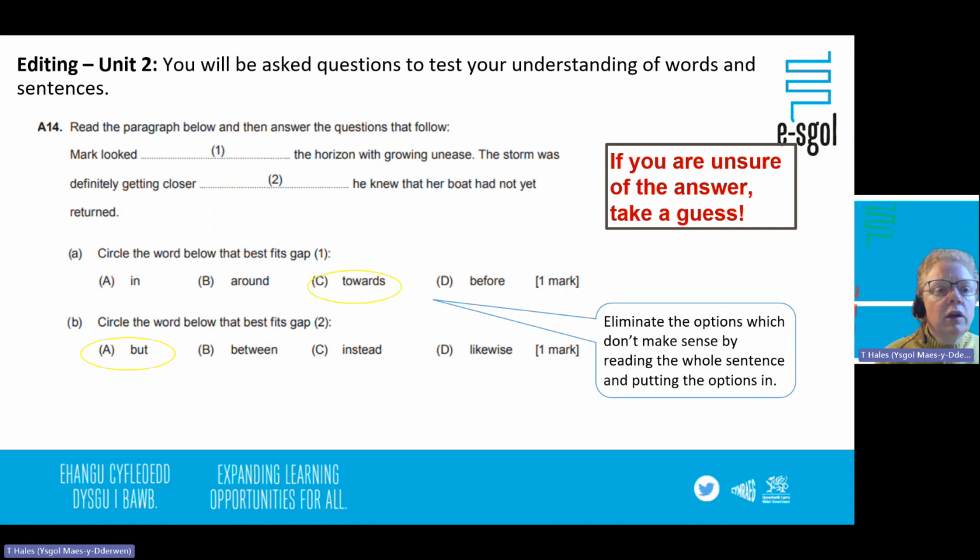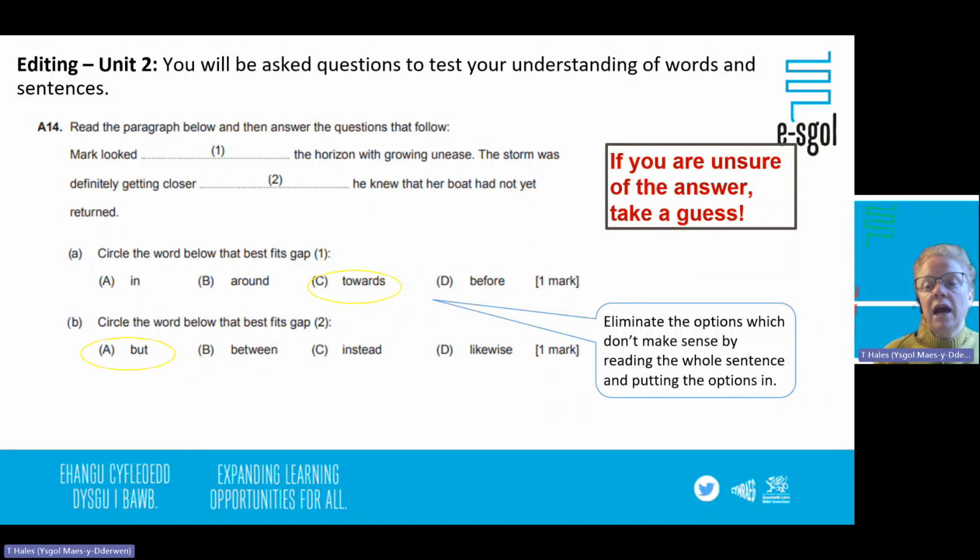It says, Mark looked, gives you a space, the horizon was growing unease. The storm was definitely getting closer, a gap. He knew that her boat had not yet returned. So I've got to circle a word that fits in gap 1 from the choice of words in A. Then I've got to circle a word that fits in gap 2 from the choice of words in B.